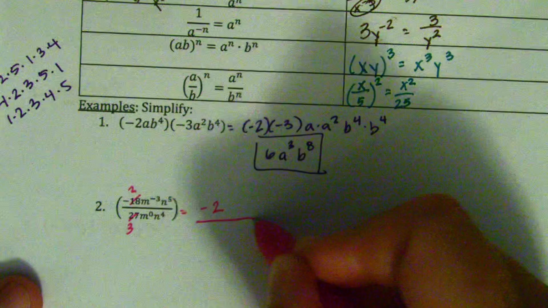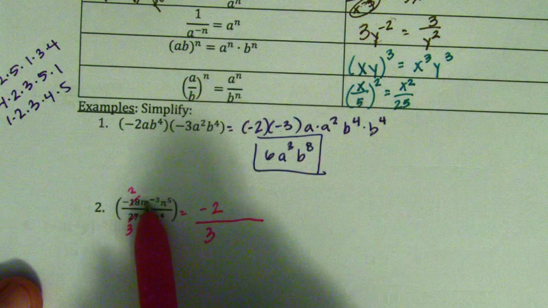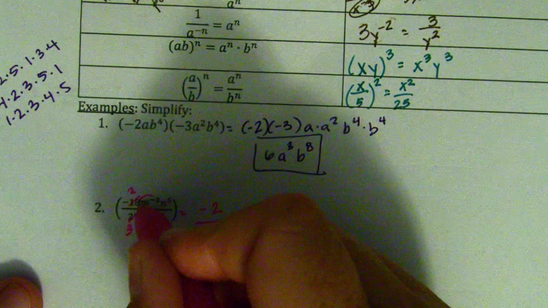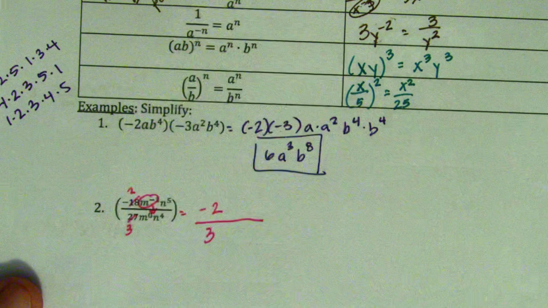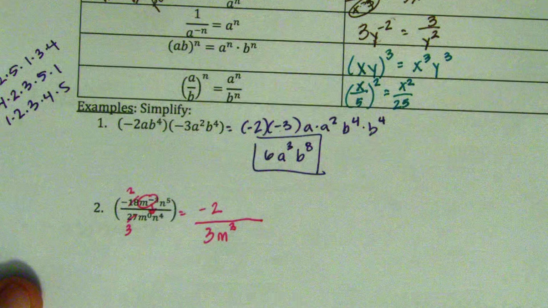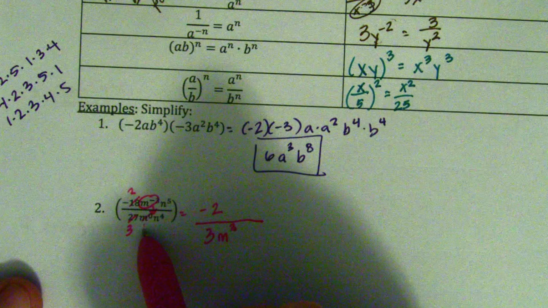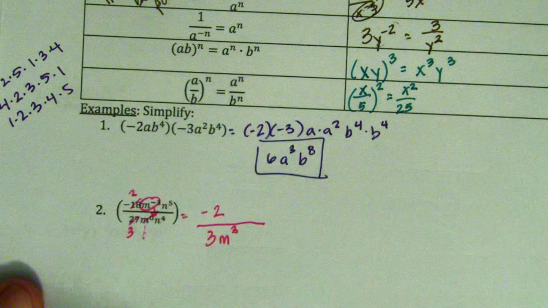Negative 2 and 3. And here I have a negative exponent. That m to the negative 3 is going to need to move to the bottom and become positive. So m to the positive 3. Here I have an m to the 0, and that is just 1. Well, 1 times 3 is still just 3 on the bottom.